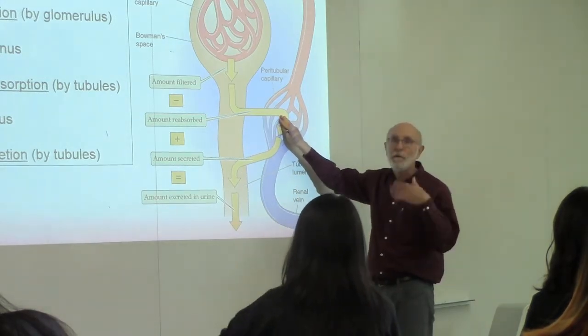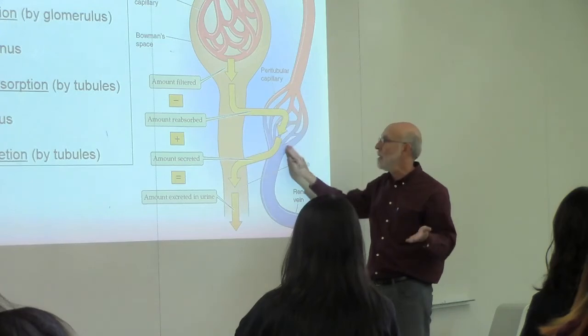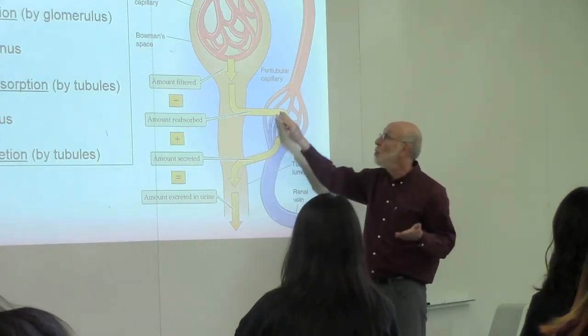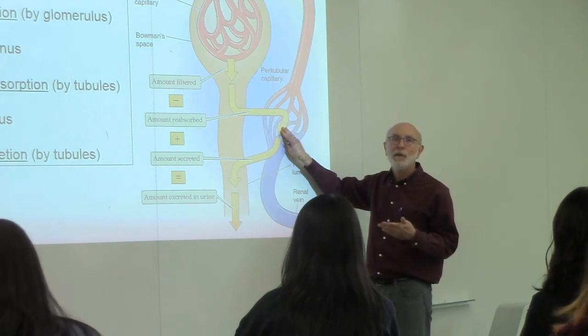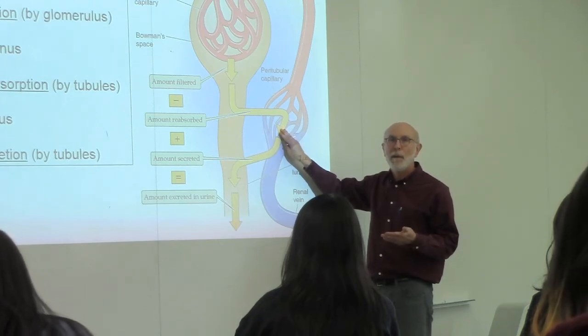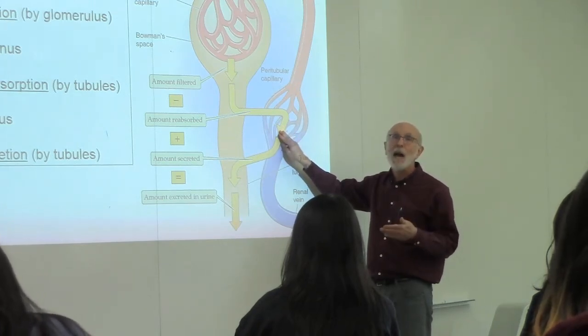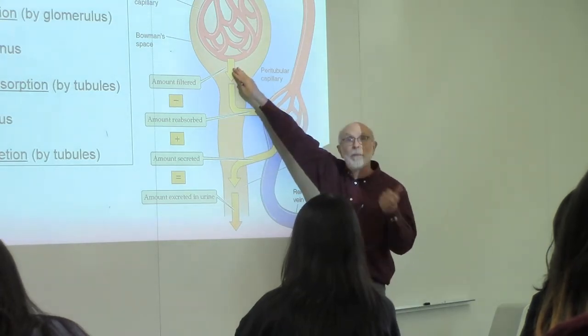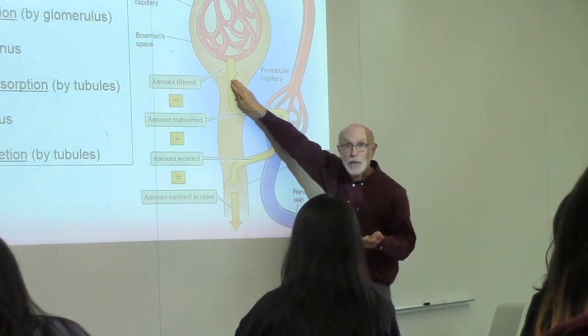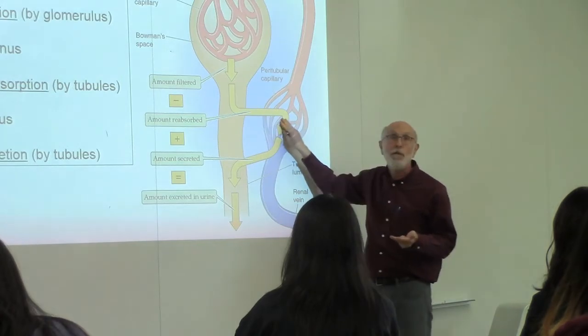None of those three materials is secreted. Glucose is fully reabsorbed. 100% of the glucose is reabsorbed. You'll see that for sodium and potassium, it's not 100%, but a lot of it is reabsorbed. All of those three things, sodium, potassium, and glucose, are filtered and partially or fully reabsorbed.